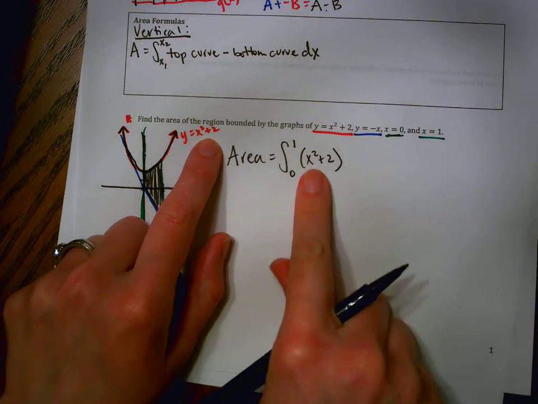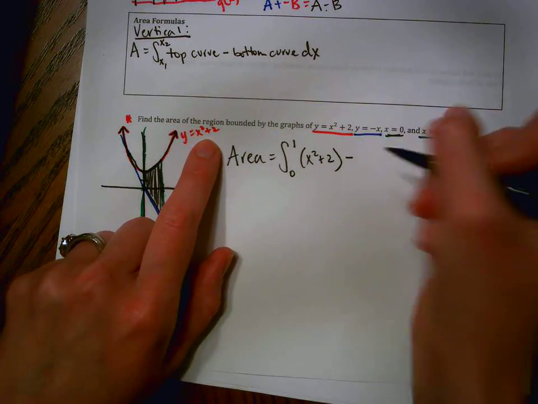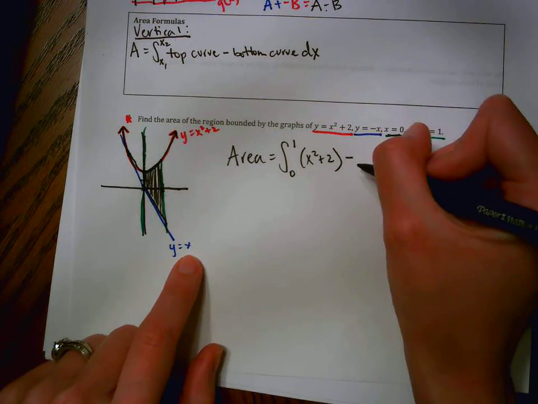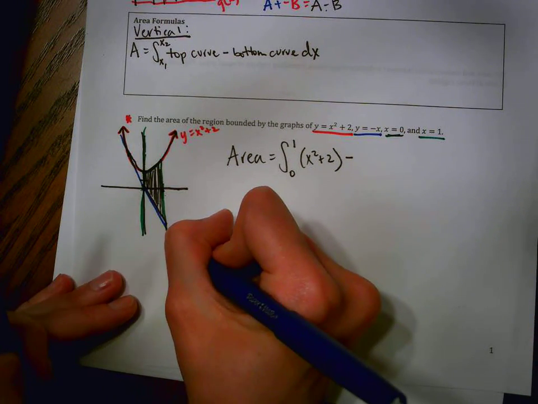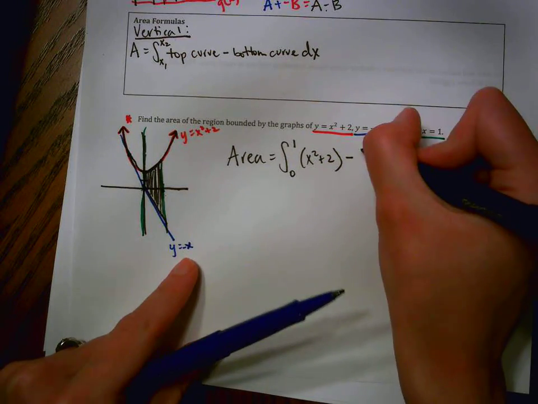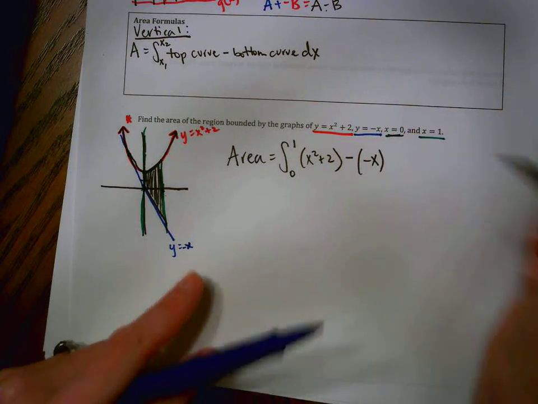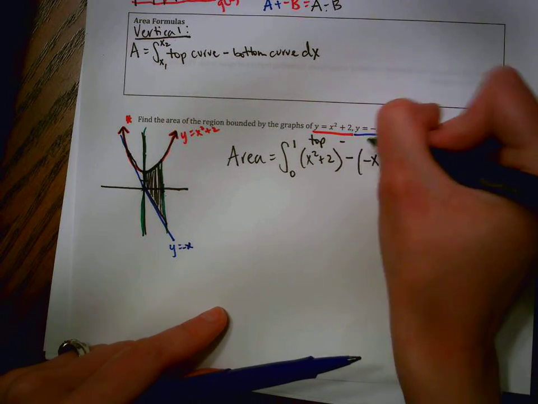I would always put your function in parentheses. It's not always necessary, but when we do this minus, it might be necessary for the second curve. So just be careful. And I just realized I wrote this wrong. It's y equals negative x. So then we're going to subtract this bottom curve, which is negative x dx. Top minus bottom.